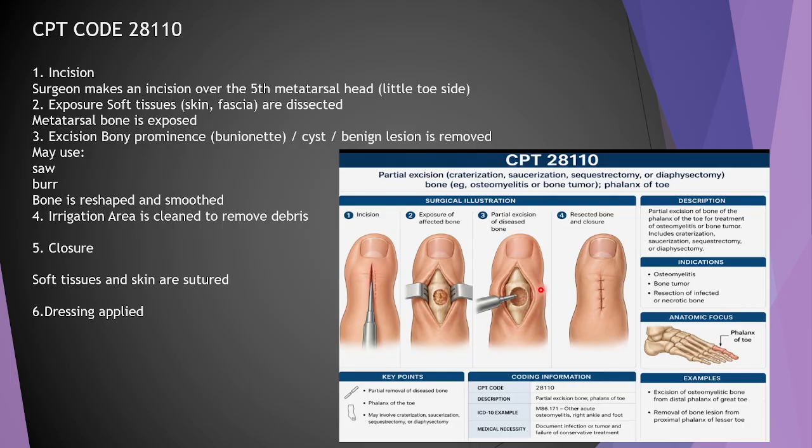If there is a lesion or cyst, the physician will excise that bony prominence, or he may use an instrument like a burr saw, and the bone is reshaped and smoothed. The area is irrigated and debris removed, closure is performed and dressing is applied. So simple.